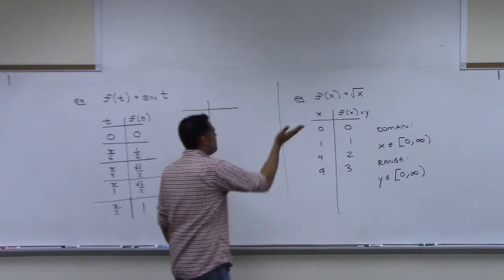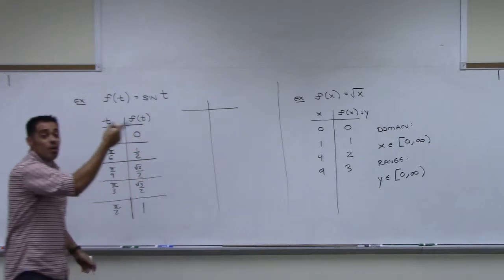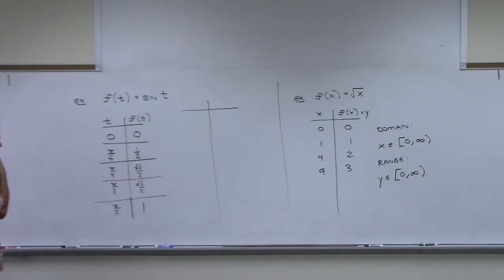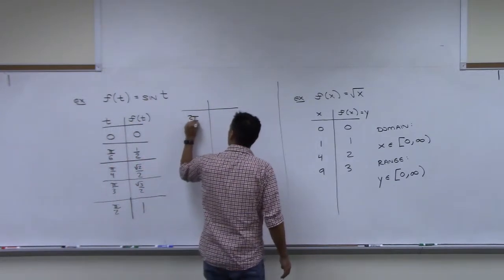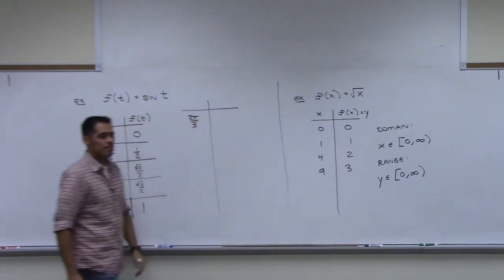What would be the next one if I'm marching around getting all the common angles? Pi over 6, 2 pi over 6, 3 pi over 6, 4 pi over 6. That's 2 pi over 3, yes. Sorry, I need to march around. 2 pi over 3, right?